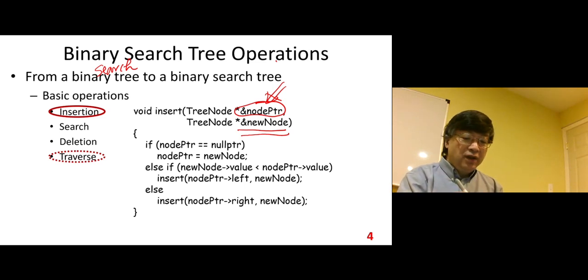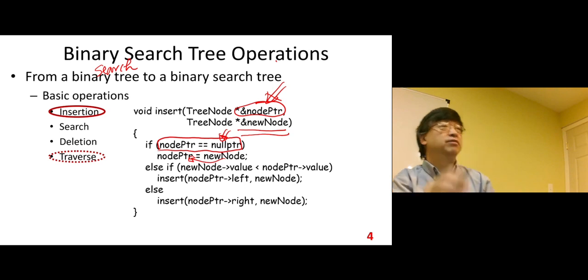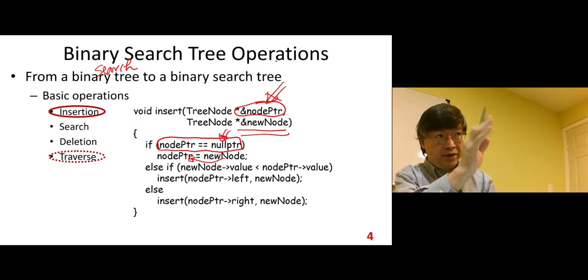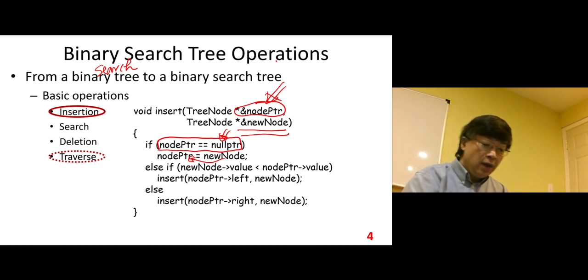First, if the current root is empty, you just assign the new node to the current node. That's where the final insertion occurs.